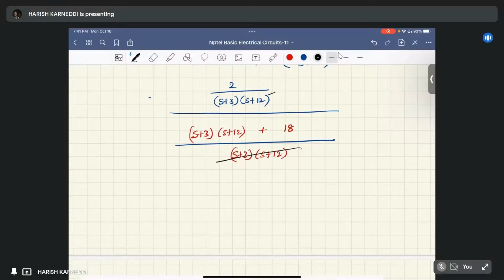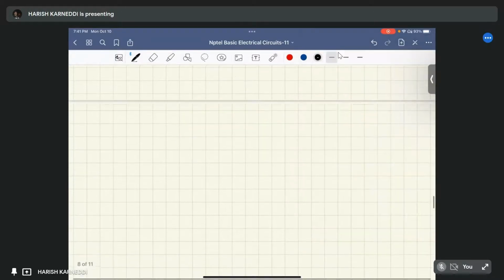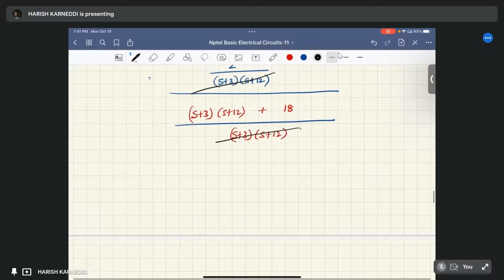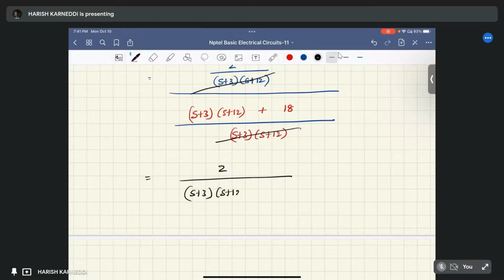This denominator and this denominator will be cancelled, both are same. So the equivalent will be 2 by (s plus 3) into (s plus 12) plus 18.